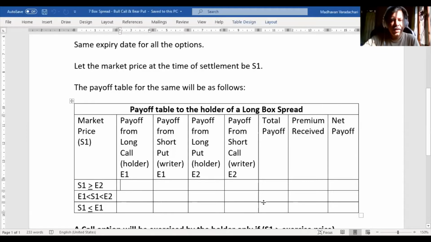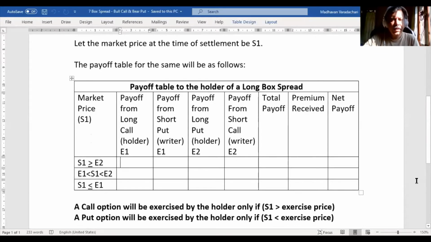In the first case, it is the payoff from the long call, which means it's a call option. I am the holder, right? Because it is long, so I am purchasing it and holding it. Here, the market price is larger than the largest exercise price, which means it will definitely be larger than my exercise price.